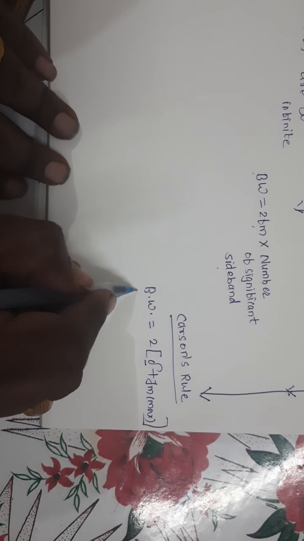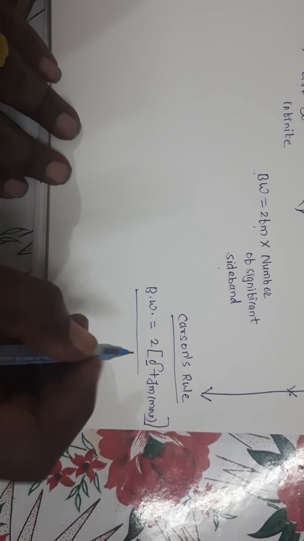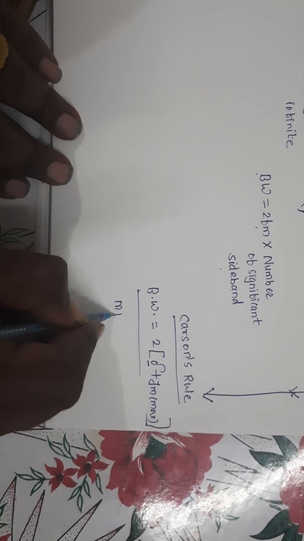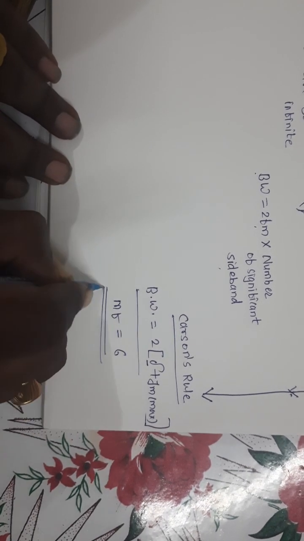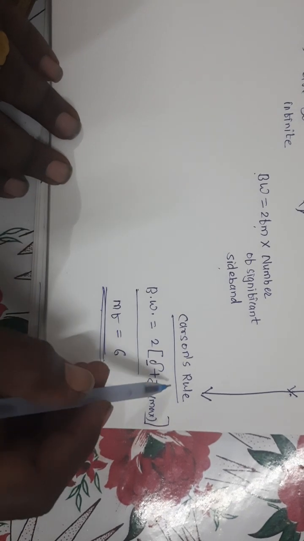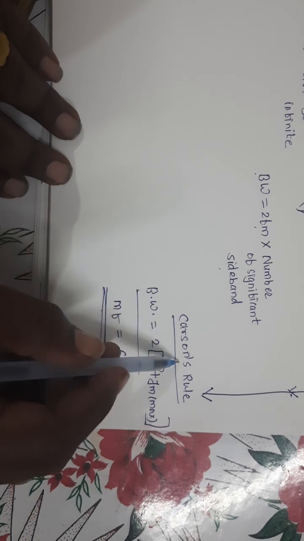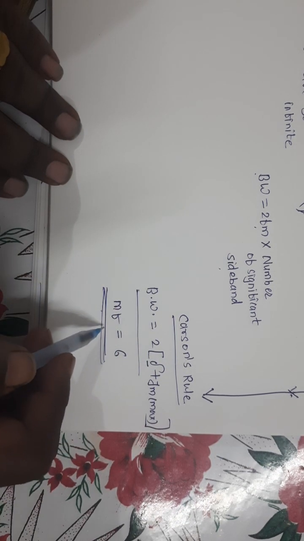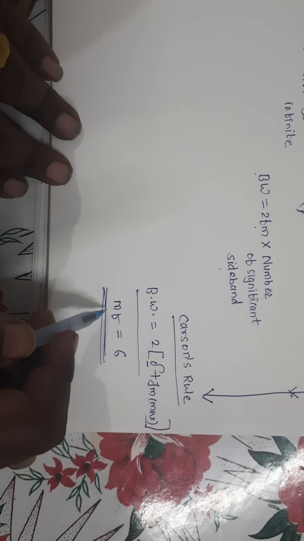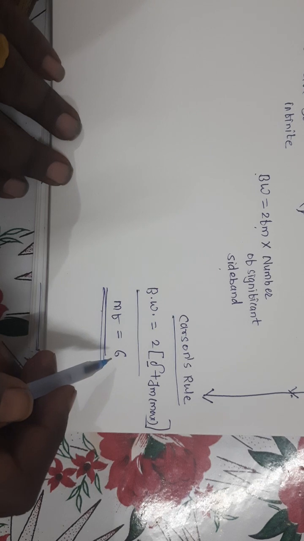Carson's rule gives a better or correct result if the modulation index is greater than 6, so it is applicable for calculating the bandwidth of FM modulated signals with modulation index greater than 6.